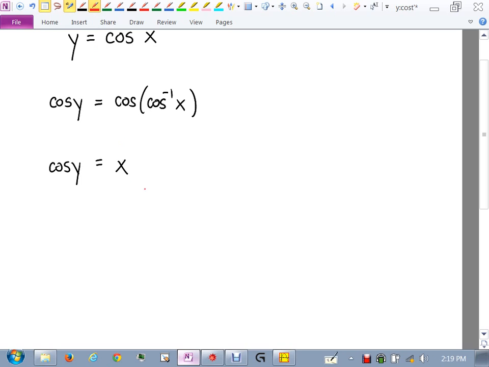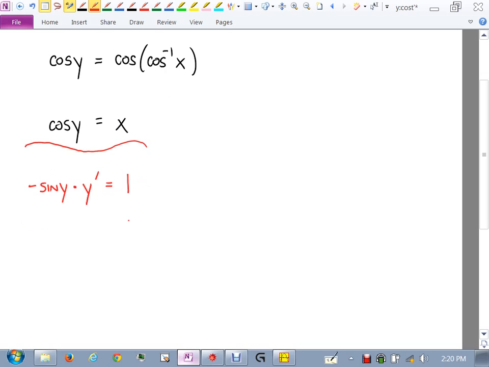Implicit differentiation. What is the derivative of cosine of y? Negative sine y times y prime equals the derivative of x. It's 1, right? Same story here. Try and get y prime by itself. You divide both sides by negative sine y.